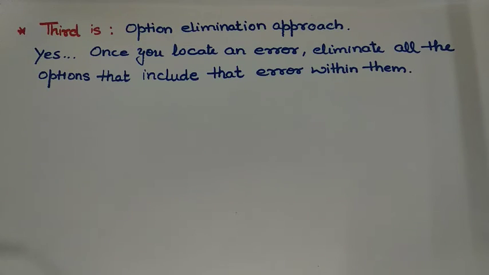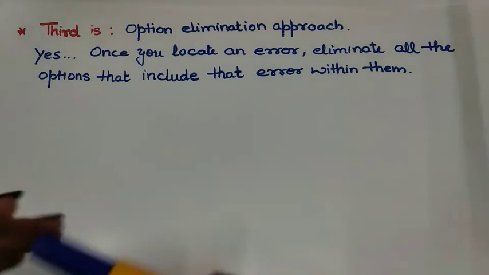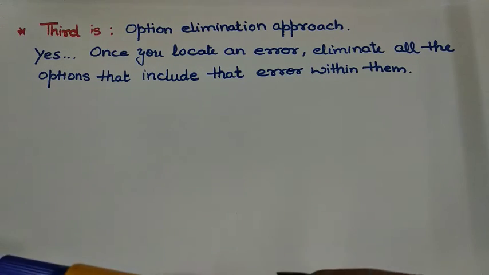So the third approach is option elimination. Once you locate an error, eliminate all the options that include that error. Once you eliminate the improper options, you can find the right answer among the options itself. That will also help you a lot.